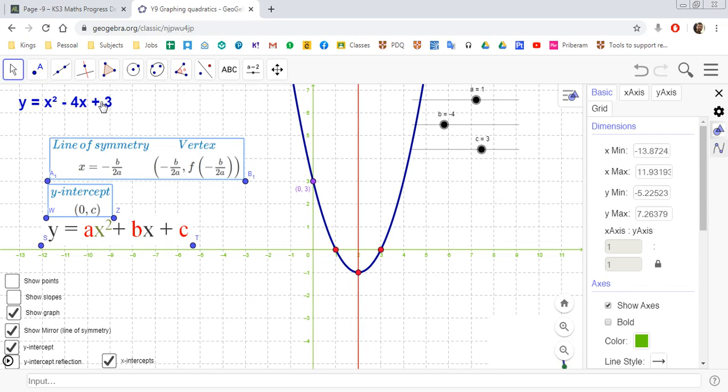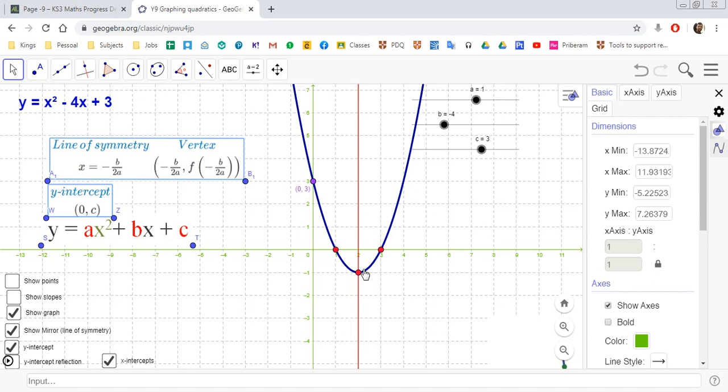I'm going to repeat very quickly. 2 squared, 4. Minus 4 times 2, negative 8. So positive 4 with negative 8 is negative 4. Plus 3, negative 1. So we found the y value by replacing in the equation the value found for x, minus b over 2a.